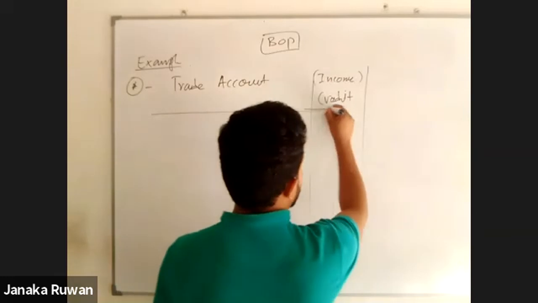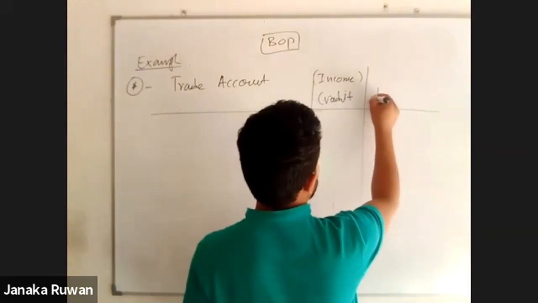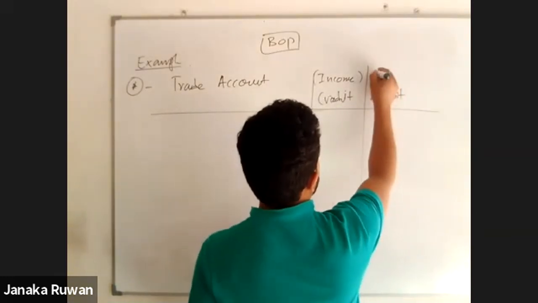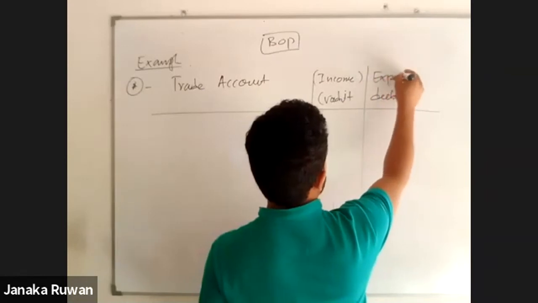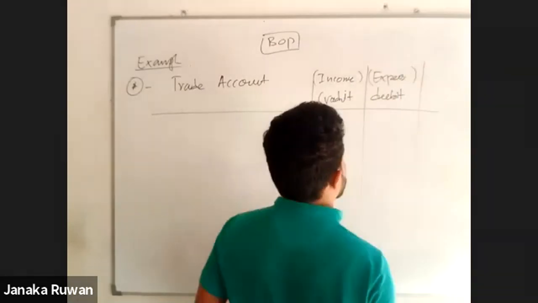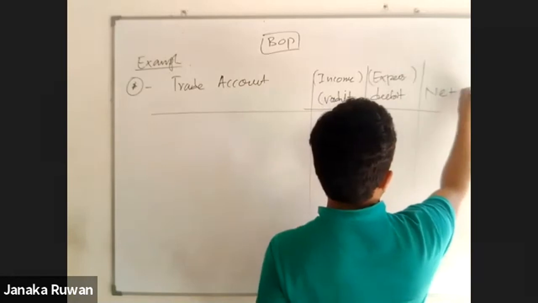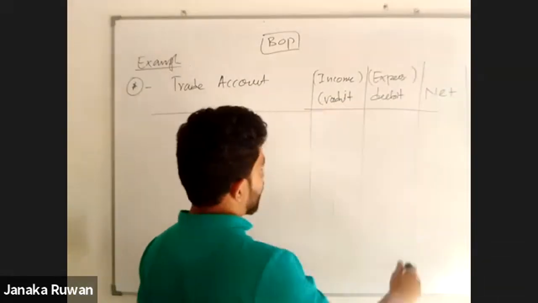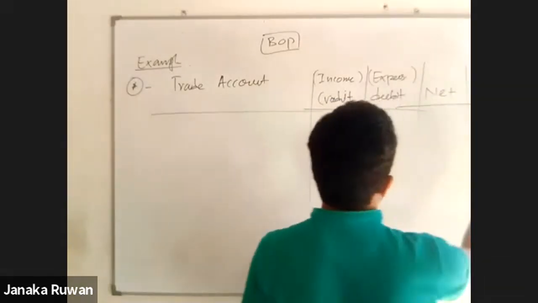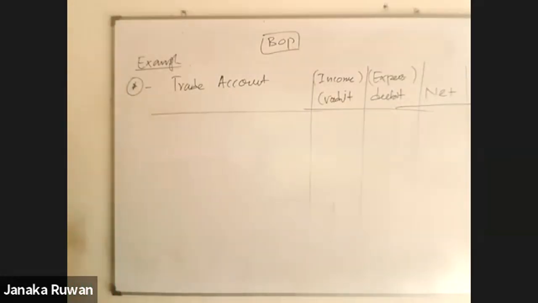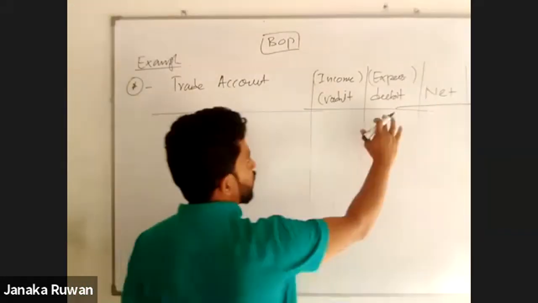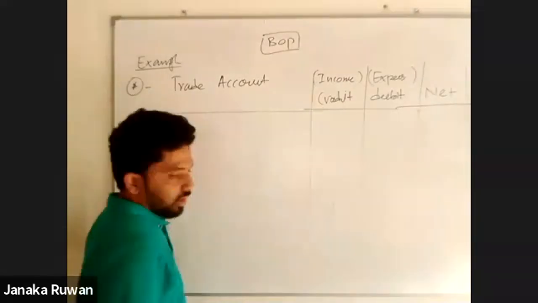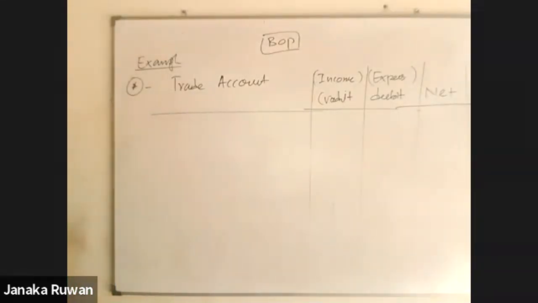And the second one is debit, this is expenditure, expenses. And also the net value. The net effect must also be recorded in the balance of payment. So you have credit, debit, and net effect for the balance of payment.